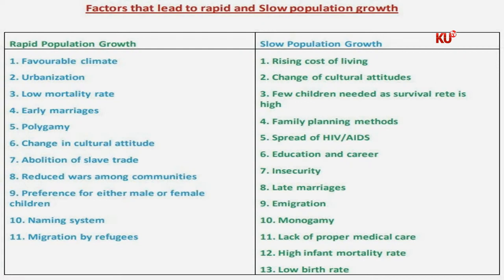If the cost of living goes higher and higher, then the rate of population growth is going to slow down. Urbanization, we have looked at that. Low mortality rate, we have looked at that. Early marriages, we have looked at that on rapid population growth. Polygamy. What is polygamy? Polygamy refers to marrying more than one wife. If you marry more than one wife, it means you are going to give birth.